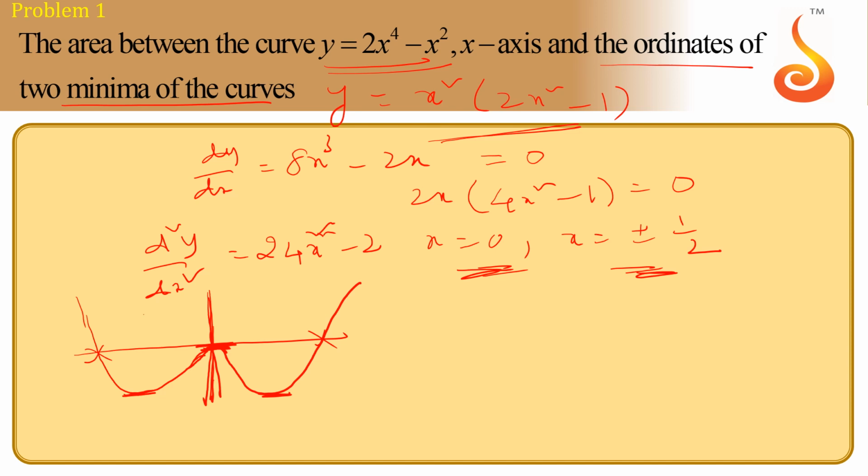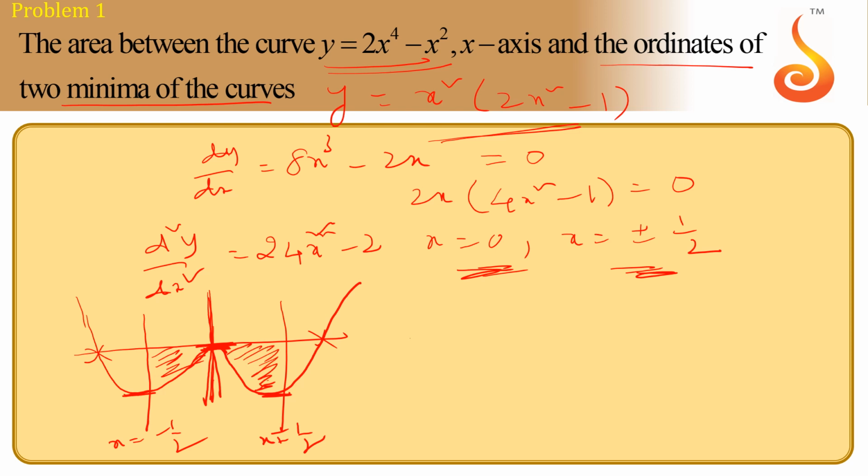So the points of minima are x equals minus half and x equals half. But the graph is below the x-axis, so for the area you have to take the modulus, between the x-axis, the curve, and the ordinates of the two minima. So this is the area I am asking.